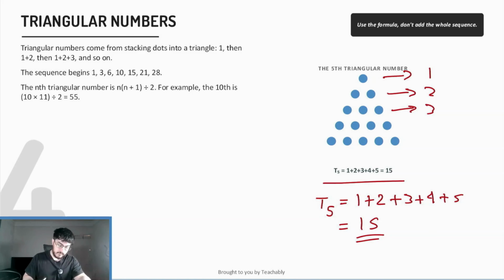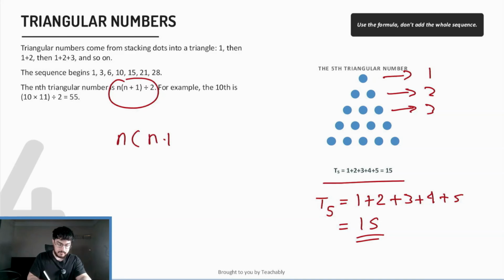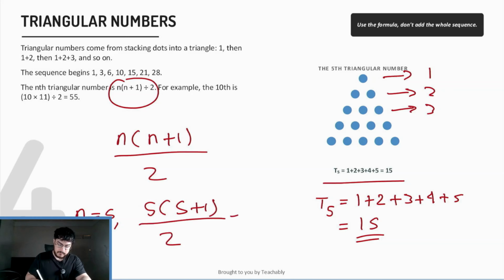Okay, so there is a formula for this, and it's represented as n multiplied by n plus 1, all divided by 2. If you wanted the 5th one, you would substitute n is equal to 5 here. So you'd have 5 times 5 plus 1, divided by 2, which is 5 times 6, which is 30.